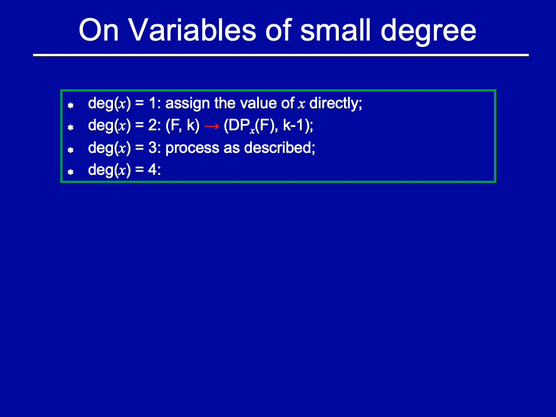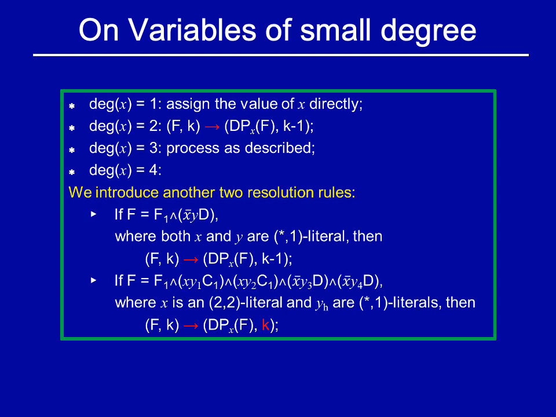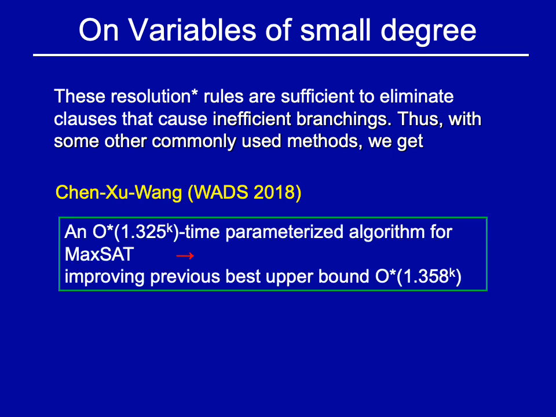Well, we can do a bit more than that. We can also consider variables of degree 4. In that case, we also introduced two new resolution rules. And with these rules, we can eliminate certain clauses, those that are the bottleneck for previous algorithms, and we get the following result.